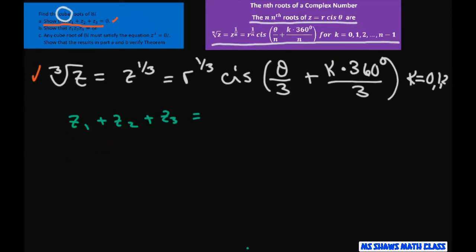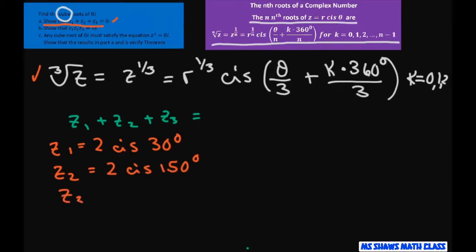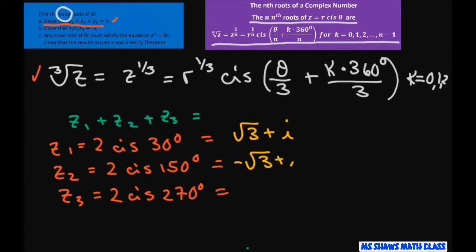We had z1 equals 2 cis of 30, and z2 equals 2 cis of 150, and z3 equals 2 cis of 270 degrees. So let's rewrite that in rectangular form, which equals square root of 3 plus i, negative square root of 3 plus i, and this one's just going to be negative 2i.